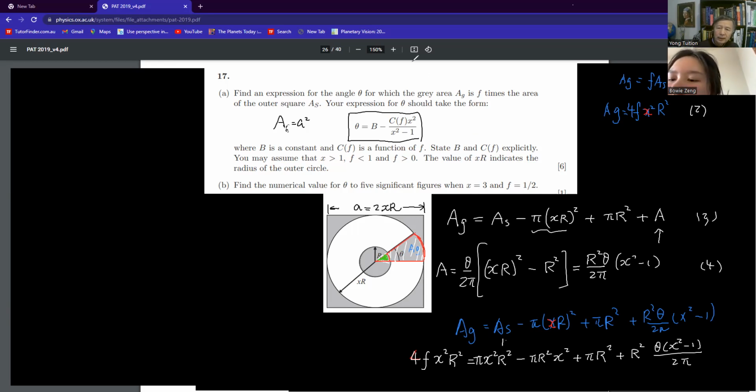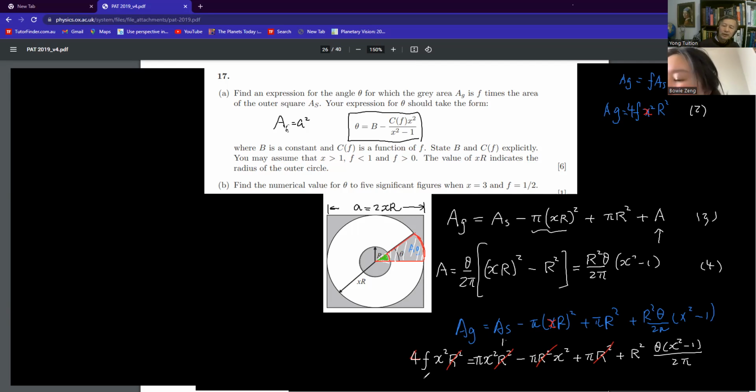So that's good. We can cancel this r squared. This one cancels out, and that's canceled as well. Oh, that's quick now. We're nearly getting there.